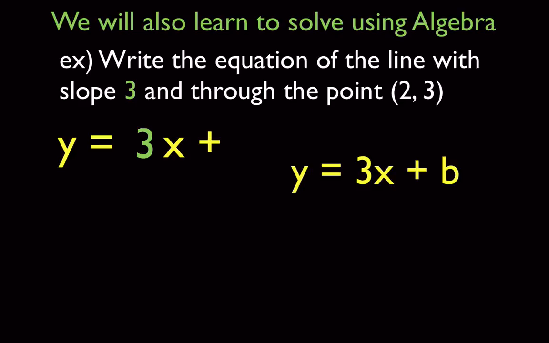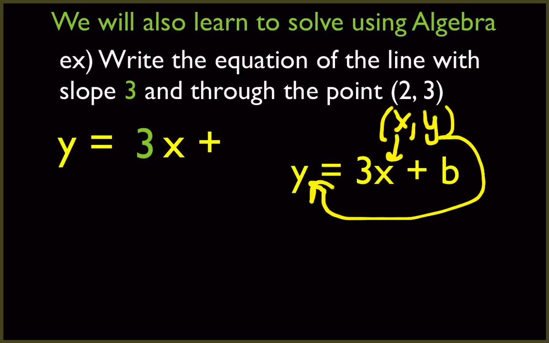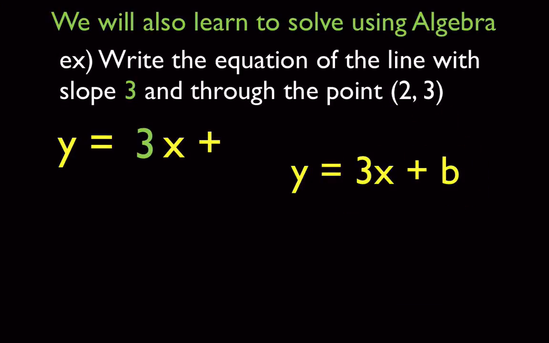So we're going to notice the fact that our point is x comma y. Every point is x comma y. So we're going to take that information and substitute in for our x and our y using the point. Think for a second, what is my x and what is my y?